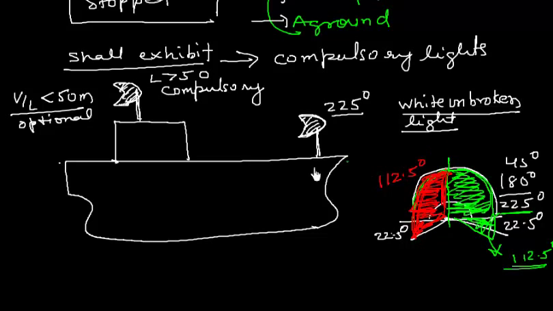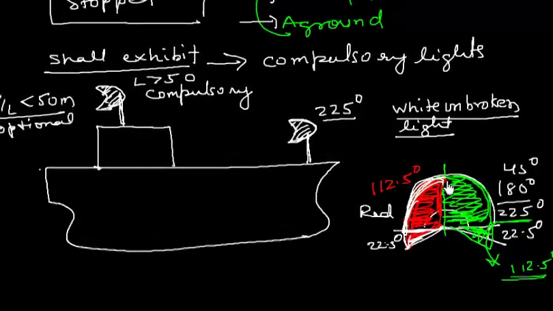So for example, this port side or red light will show on the port side 22.5 degrees abaft the beam, if seen from right ahead.